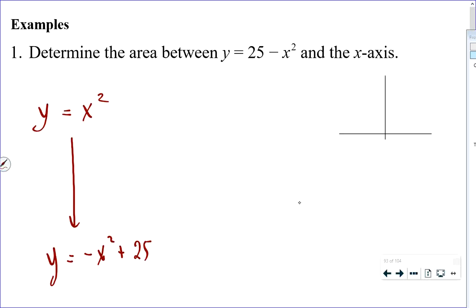So what this is going to look like is something like that. So what do I mean when I say the area between that function and the x-axis? Well, I think it's pretty obvious that what I am talking about is this area.